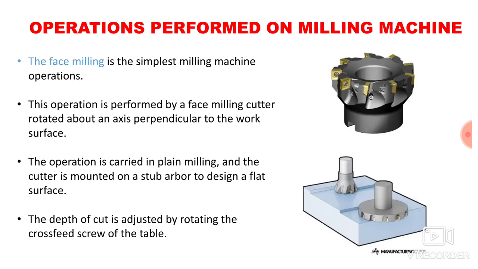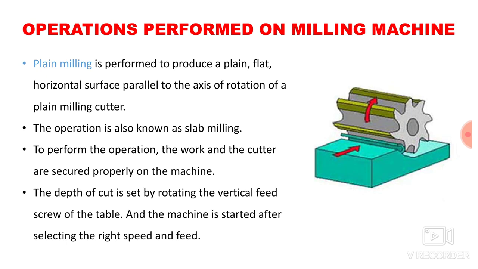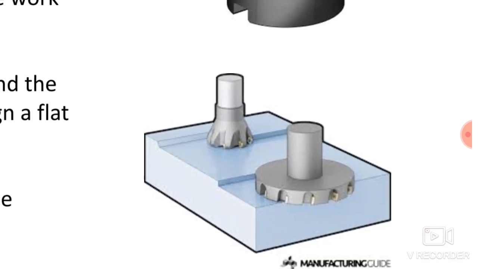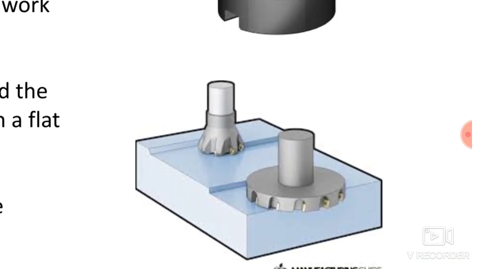The second operation is face milling. Face milling is the simplest milling machine operation. This operation is performed by a face milling cutter rotated about an axis perpendicular to the work surface. In plane milling, the axis of the rotating cutter is parallel to the surface, whereas in the face milling operation you can see the cutter's axis is perpendicular to the workpiece.